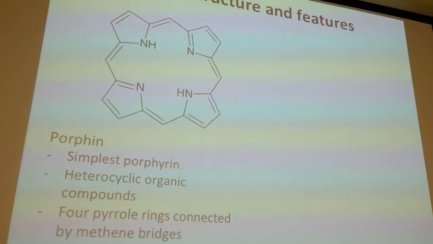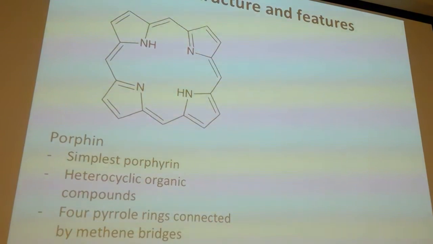So the heme is referred to as a porphyrin structure. It has this porphyrin ring, and porphin is the simplest porphyrin. It has a few different features. It's considered a heterocyclic organic compound, so it has carbons as well as nitrogen, so hetero.